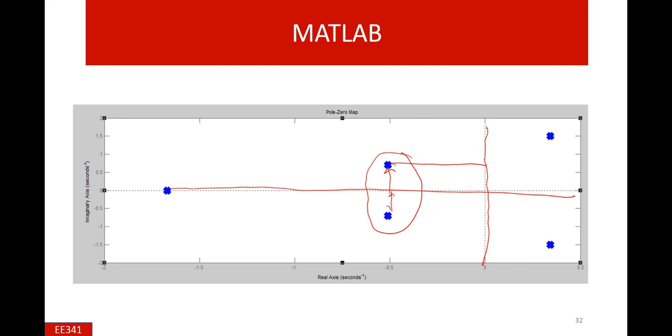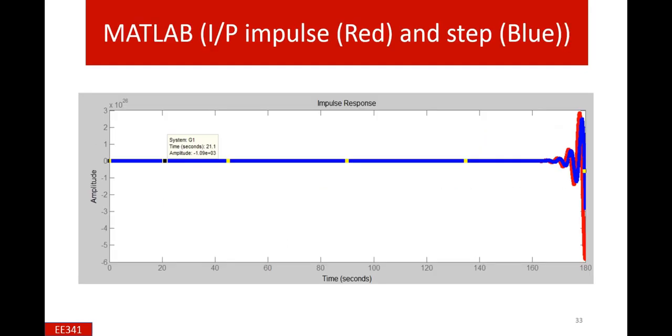Similarly negative imaginary value and negative real value, and one pole lies on the negative real axis. So 2 poles are on the right half plane, and due to these 2 poles the system tends toward instability. This is again the verification on the S-plane that the system is unstable.